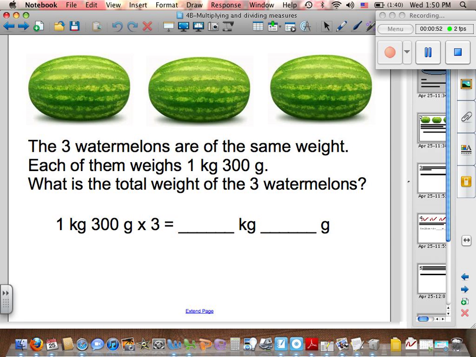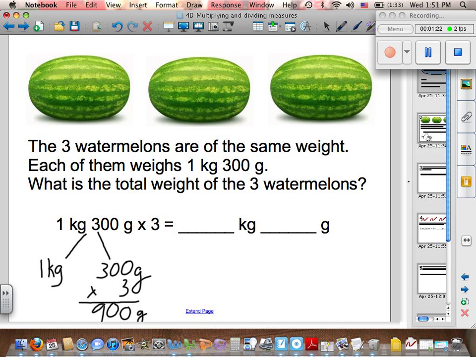So, in order to do this, I'm going to separate 1 kilogram and 300 grams and multiply each of these one at a time. So 300 grams times 3 gives us how many grams? 900.